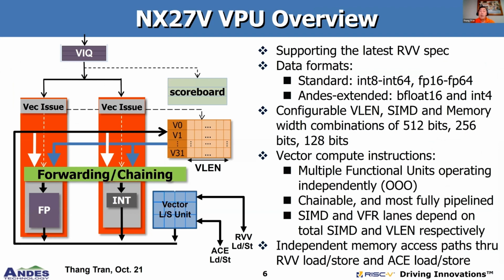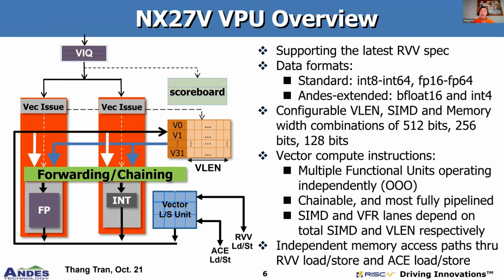We keep the VPU updated with the latest vector extension specs. We started with the RVV version 0.7, and the current version is 1.0. The data formats include from 8 to 64-bit for integer and floating point, but we also have custom data sizes of bfloat16 and 4-bit integer. We started with the VLEN and the datapath width at 512-bit, which is the high end of the vector processor.